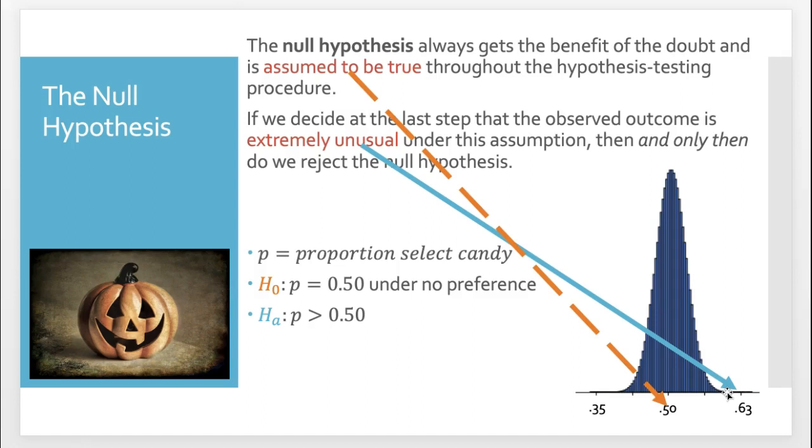Okay, and that's a kind of funny concept to be presented in statistics. Hypothesis testing is a very funny kind of concept. But it's like when the defendant's in the courtroom, they're innocent until proven guilty. So throughout the entire trial, the defendant is presumed innocent. We assume that they're innocent until proven guilty.